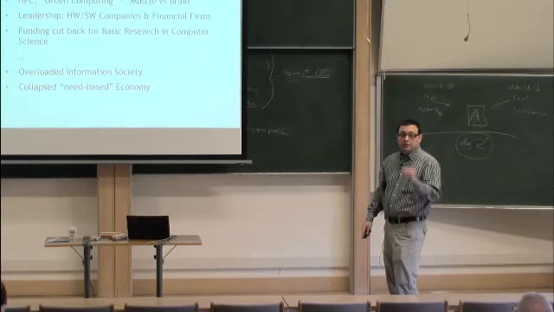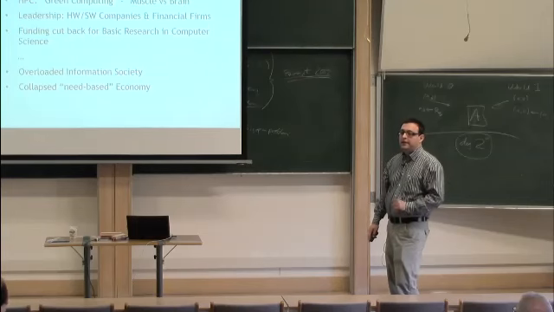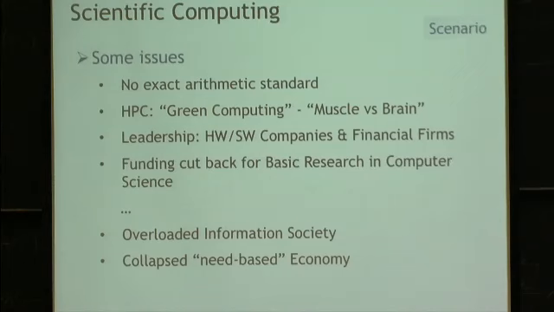These are the issues that I identify in scientific computing right now, the scenario. We have no exact arithmetic standard. I was invited to a seminar in Dagstuhl in 2008 in which they discussed the new exact real or rational arithmetic standard, what it could be. They said things about interval arithmetic. Maybe we will see something about that in the future.